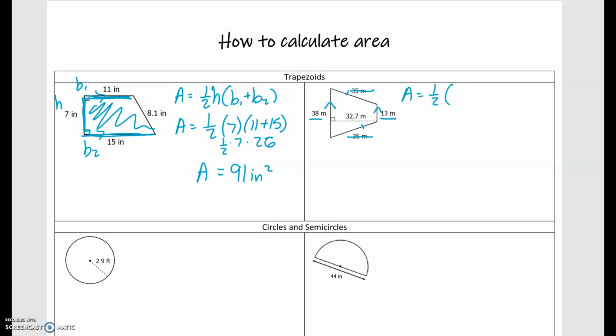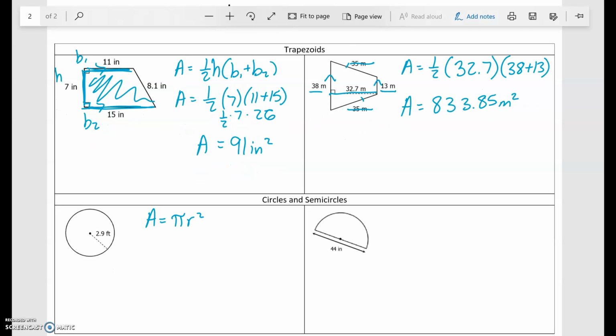Our height is always perpendicular to our base. So that's going to end up being 32.7 times 38 plus 13. Finishing up the trapezoid, after you multiply all of that out, we would be left with 833.85 meters squared.